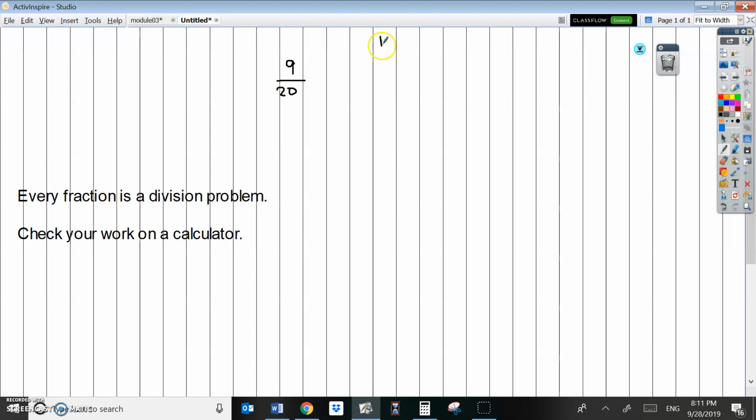Okay, now let's look at 9/20. Divide, multiply, subtract, bring down. So 9, divide the top by the bottom. 9 divided by 20. There's 0 times that 20 fits into 9.